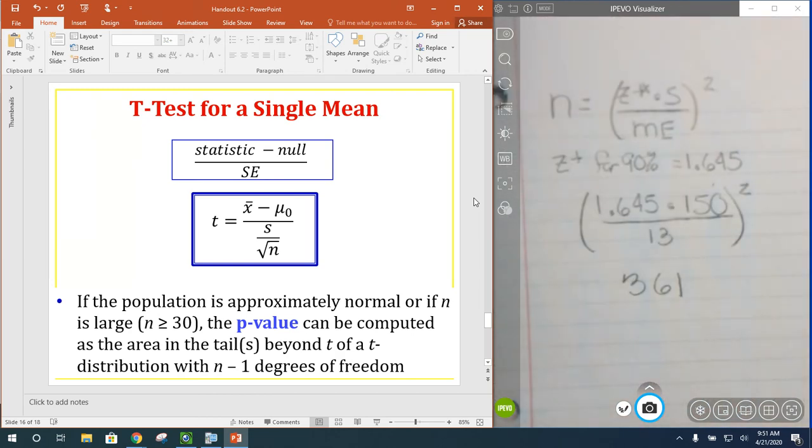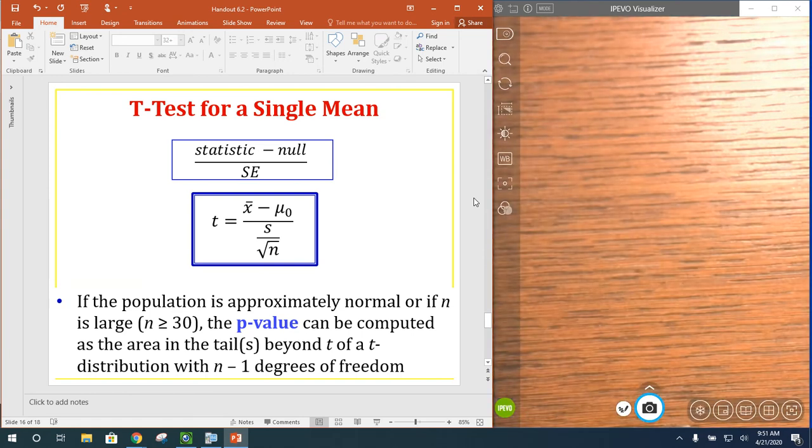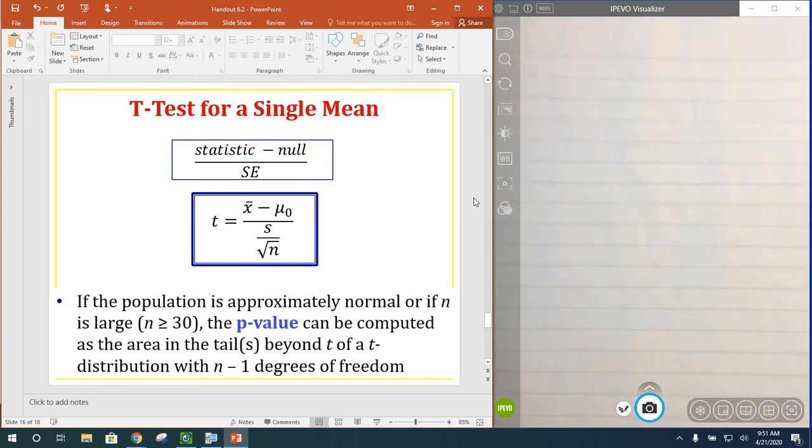Now notice it says on our paper that if the population is approximately normal or if n is greater than 30, then the p-value can be computed as the area in the tails beyond t of a t distribution with n minus 1 degrees of freedom. So we're doing all the same things that we've been doing just now.